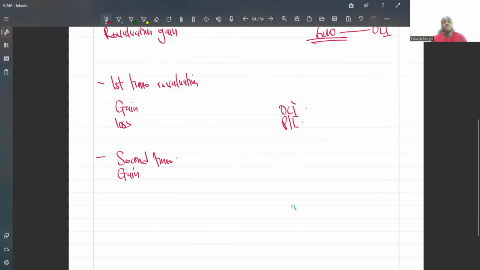Let's associate this with the first time gain. So if first time you got a gain and second time you are getting a gain, then this gain should also go to OCI. So it will go and add up to whatever we have at OCI. That's first time gain, second time gain.